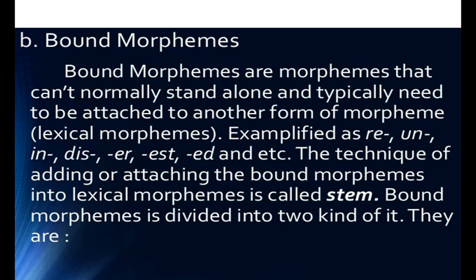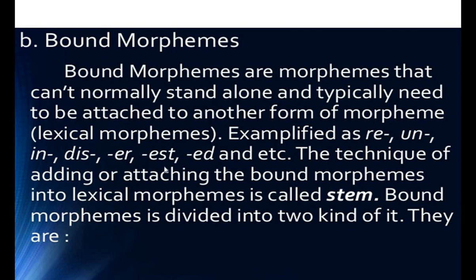Okay, next we have bound morphemes. Bound morphemes are morphemes that can't normally stand alone and typically need to be attached to another form of morpheme, lexical morphemes. Exemplified as re, un, in, dis, est, ed, and so on.